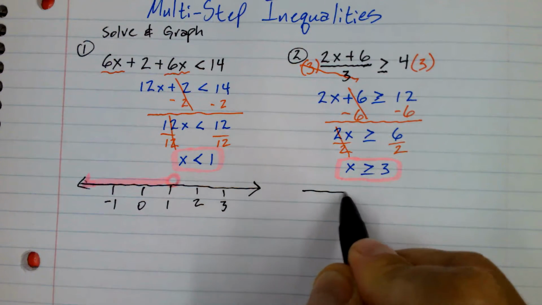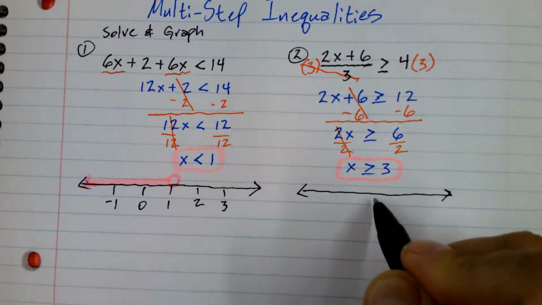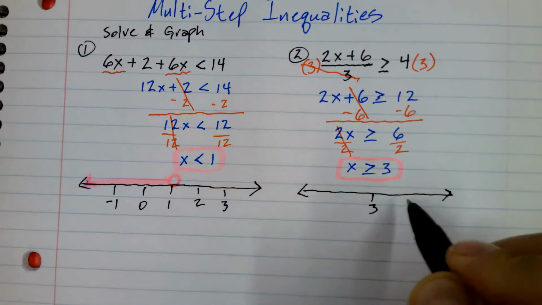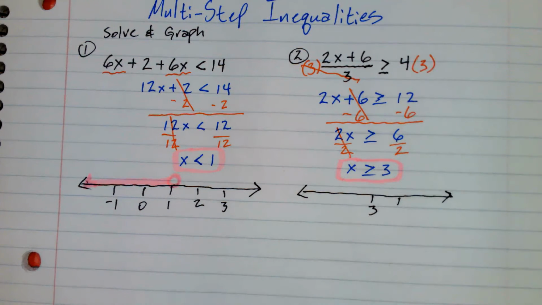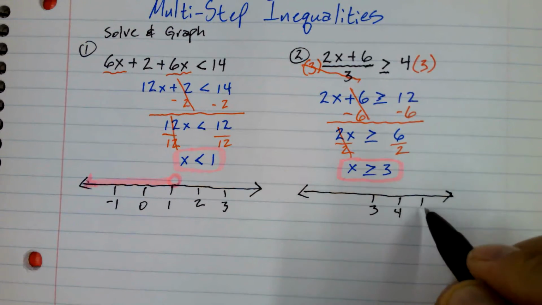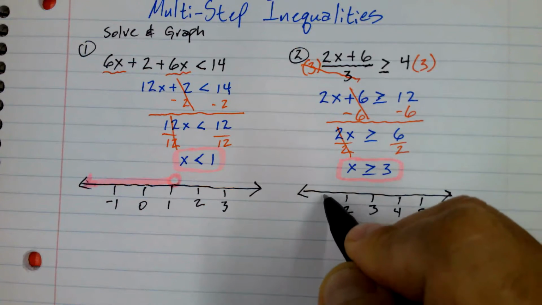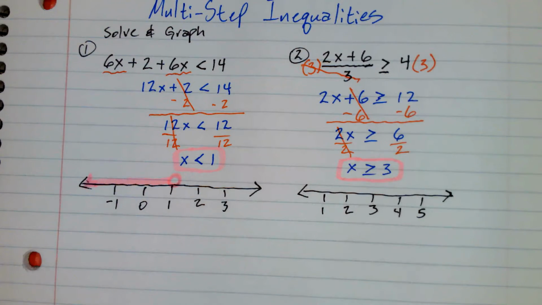So the star of the show is this 3. Everything interesting happens in and around the 3. Okay?